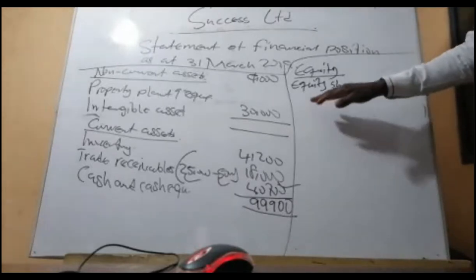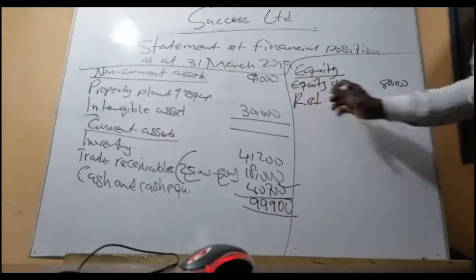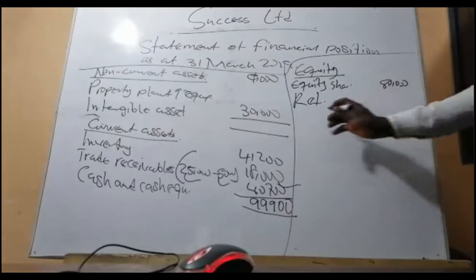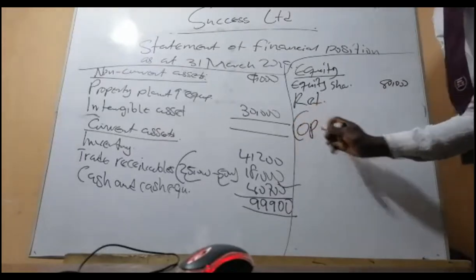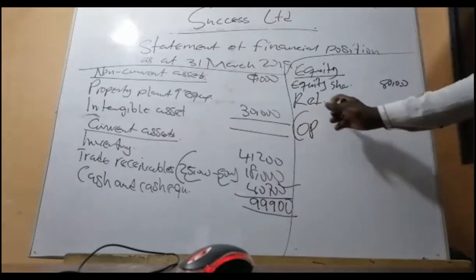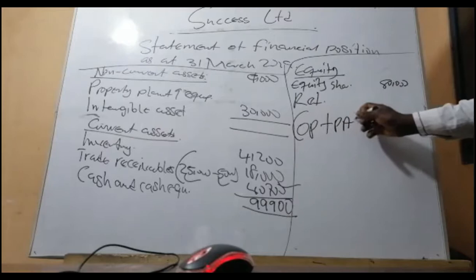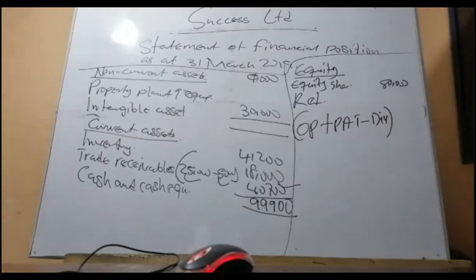For the retained earnings, either you do workings, or you open a bracket like this. The opening balance, that's what you see in a trial balance, plus the profit after tax, less dividend paid. That's all. These are the three items that will affect the retained earnings.